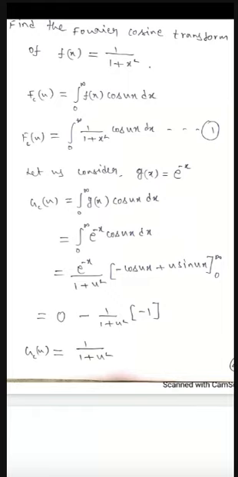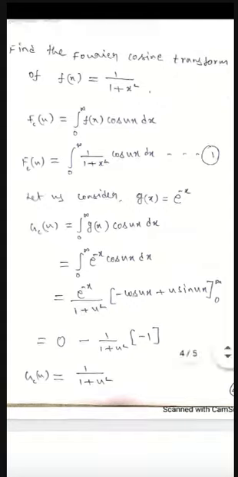Upper limit infinity: e power minus infinity is 0, and 0 into anything is 0. Minus lower limit: e power 0 is 1, so 1 by 1 plus u square, into, with x equal to 0, sin 0 is 0 and cos 0 is 1, so minus 1. So finally Gc of u, the Fourier cosine transform of g of x, is 1 by 1 plus u square.